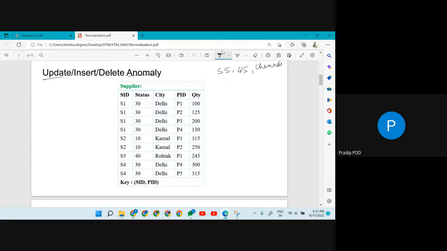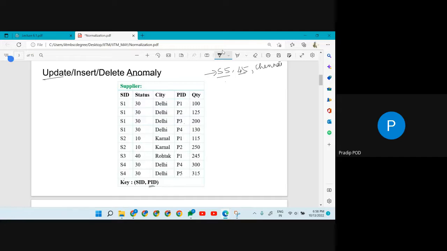But here you cannot insert that value, because you need the PID also, since PID is part of your primary key. So to insert a new supplier ID, that supplier has to supply at least one product, right?